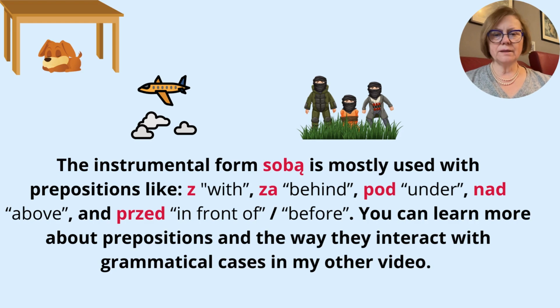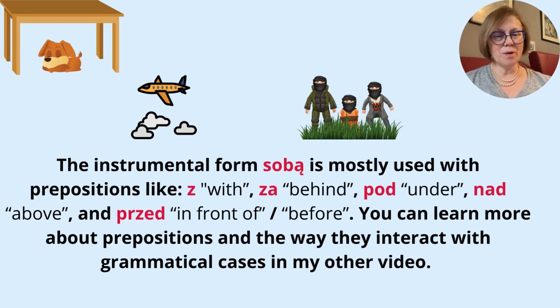The instrumental form sobą is mostly used with prepositions like z, with, za, behind, pod, under, nad, above, and przed, in front of or before.